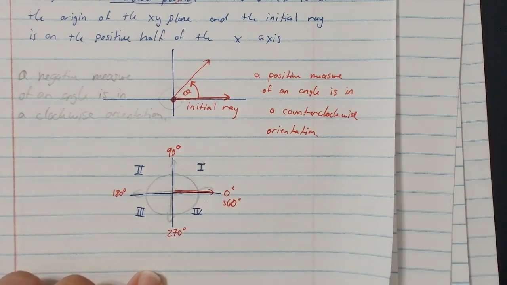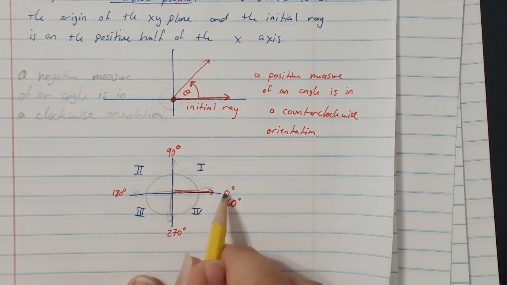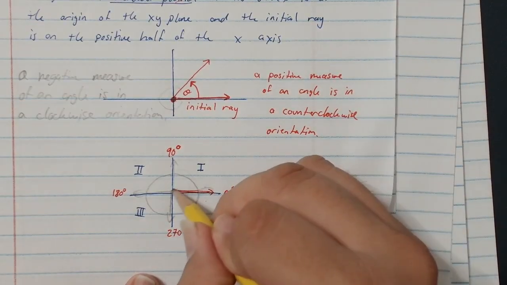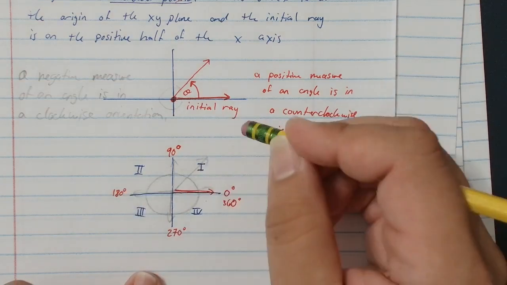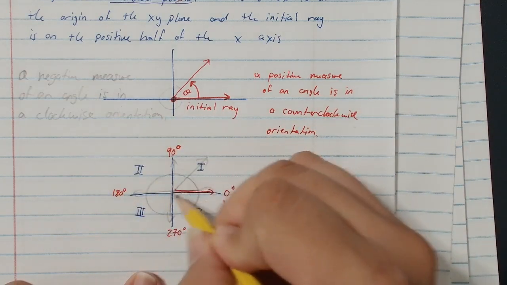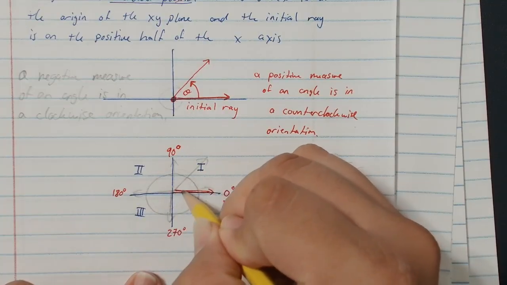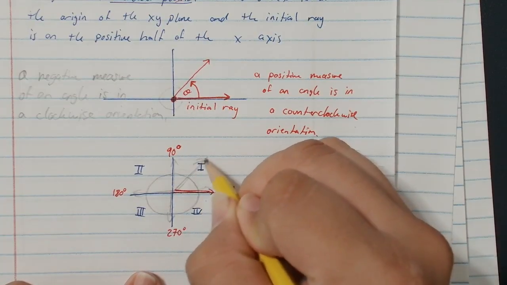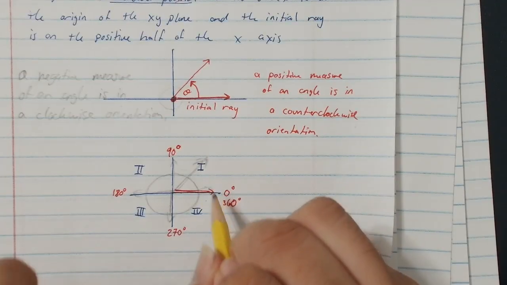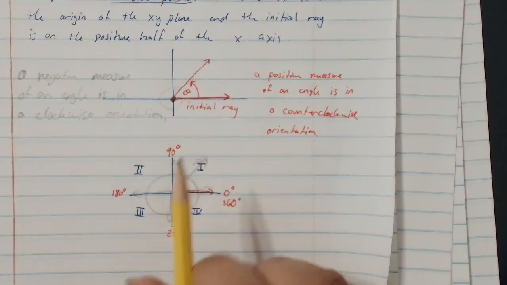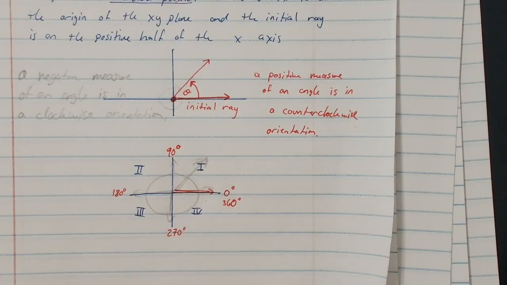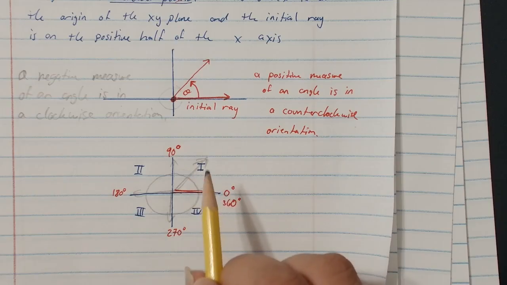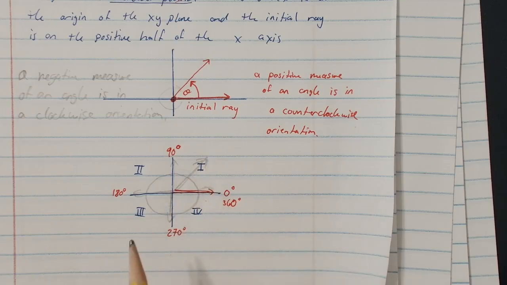You know that one of your rays will be on the x-axis, and your other ray will be somewhere in here. Or the other way around is also true. If you see an angle that's in standard position, and the terminal ray ends here in the first quadrant, you know its measure is between 0 and 90. So the way an angle looks can give you a range as to what its measure might be, and what its measure is can give you a decent range of what it might look like.